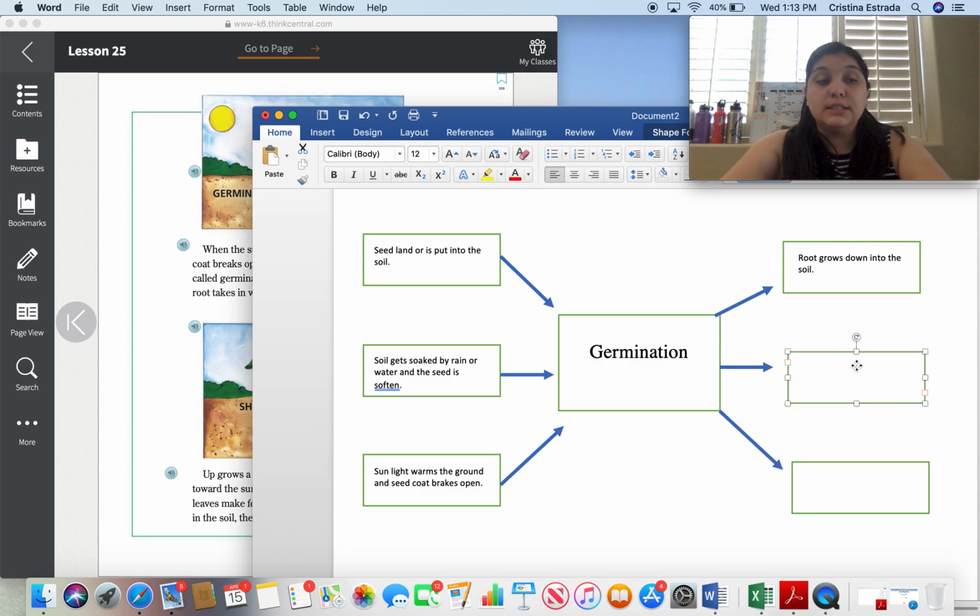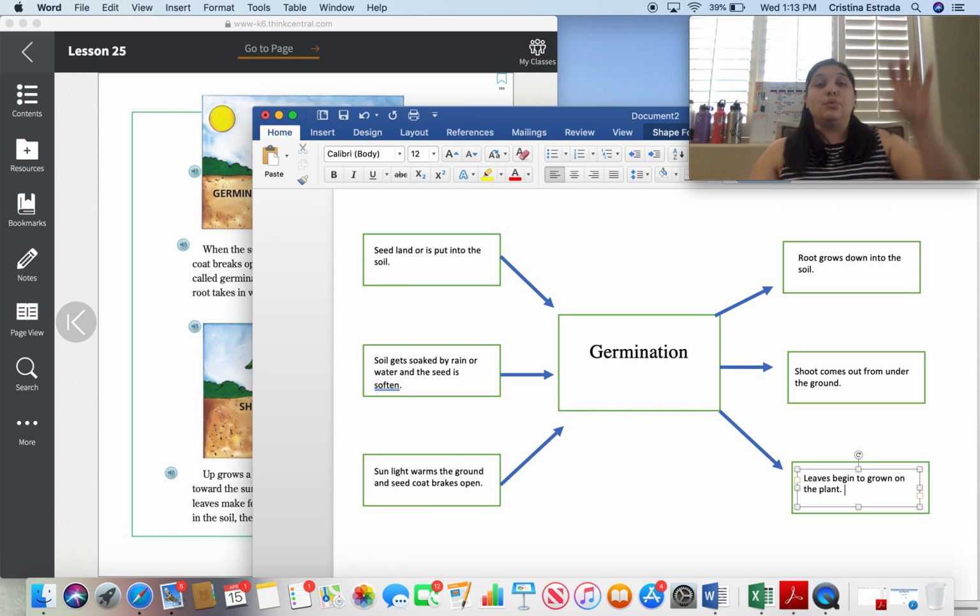And then once that happens, a shoot comes out from under the ground. And after the shoot, the leaves begin to grow on the plant.